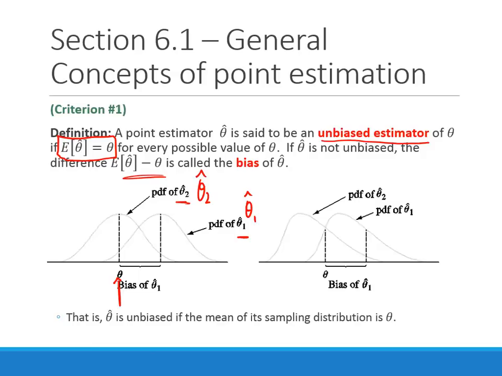If you could imagine those things are normally distributed, you could see the expected value of theta hat 2 looks like it equals theta. It's centered right there at the true value. Whereas theta hat 1 is biased. It's off center a little bit there.